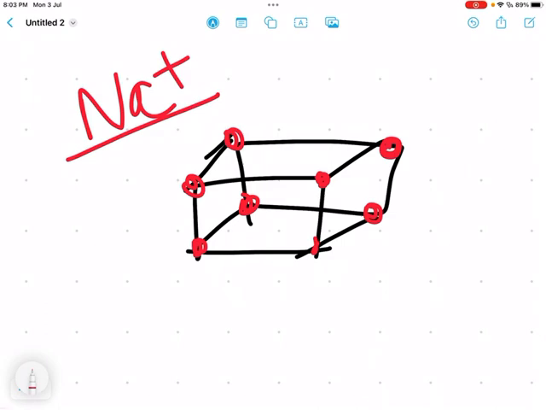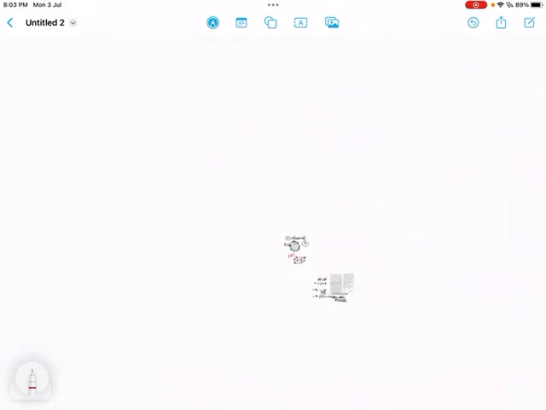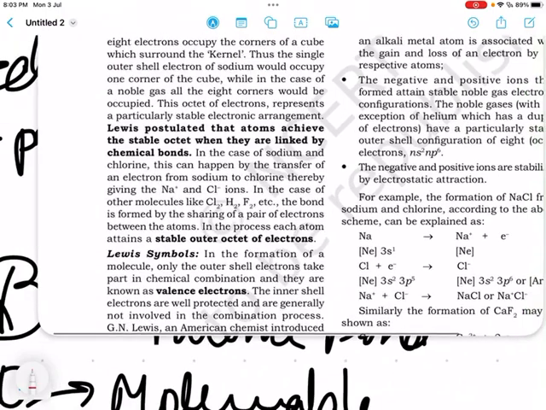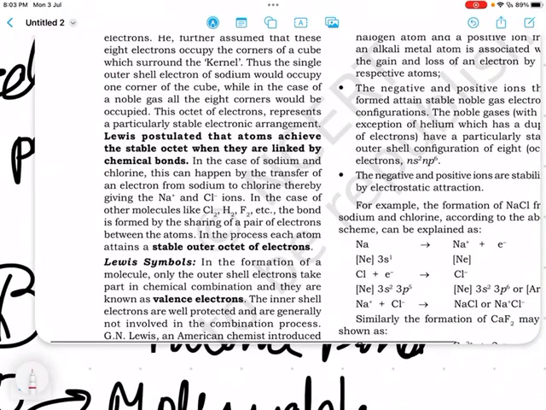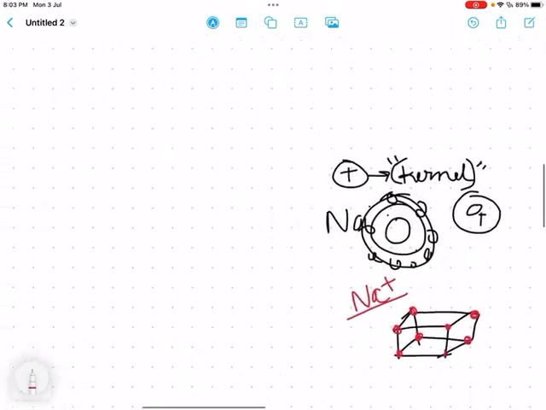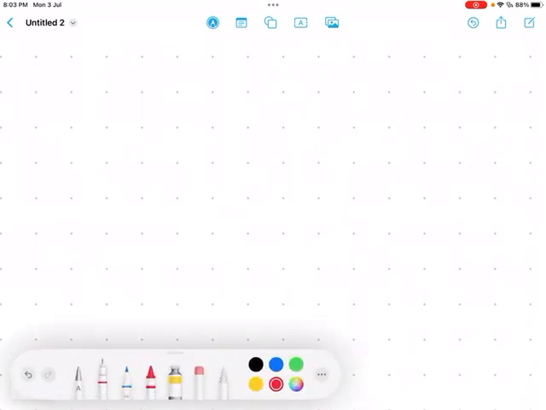Lewis postulated that atoms achieve the stable octet when they are linked by chemical bonds. That is 100% true. We know that in the case of sodium and chlorine, this happens only by the transfer of electrons.